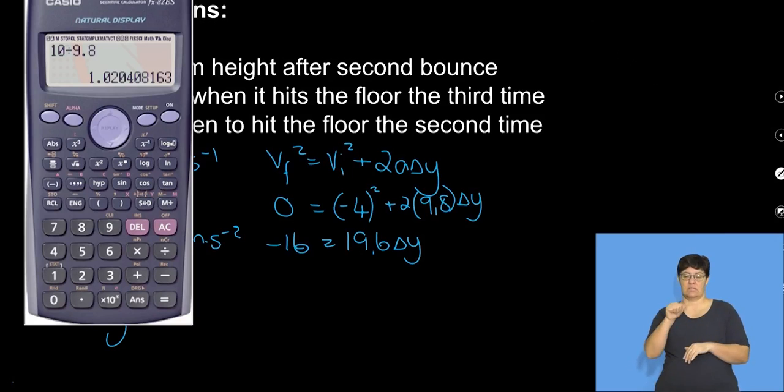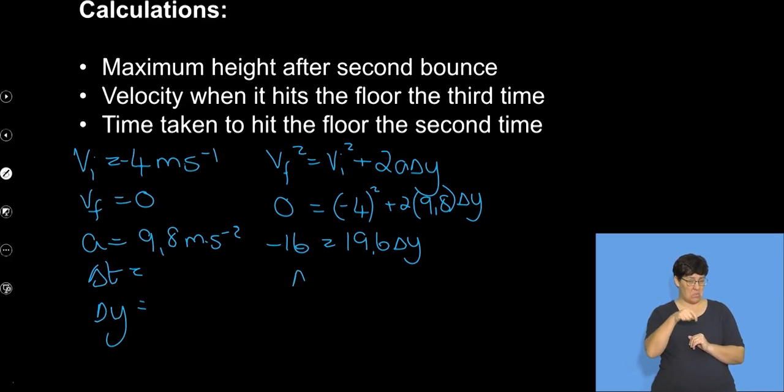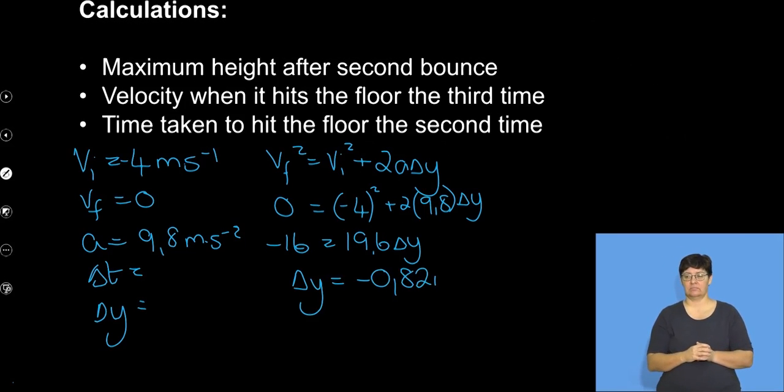So minus 16 divided by 19.6. And now it's only minus 0.82, so it's significantly lower. And I'm okay with that.